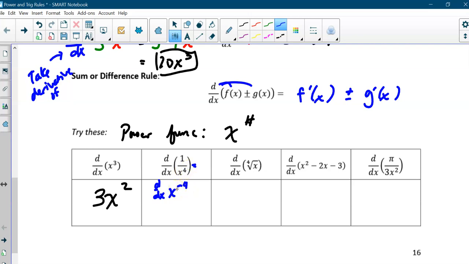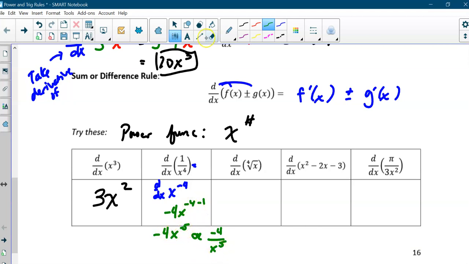And now when I do that, power rule again, negative 4 times x to the, this one I'm going to write out, negative 4 minus 1. That is negative 4x to the negative 5th, or negative 4 over x to the 5th. A negative exponent just sends the variable to the opposite side of the fraction, so it's on the bottom. And negative 4 minus 1 is negative 5.